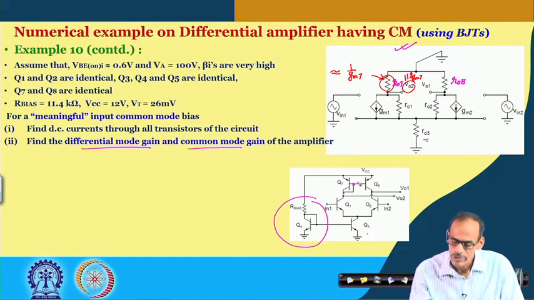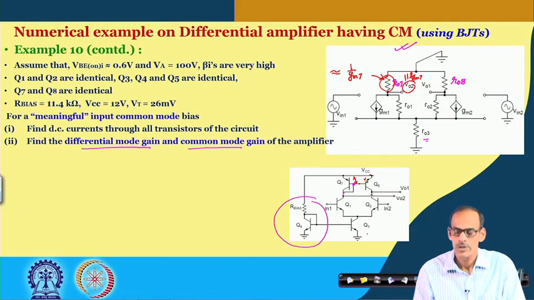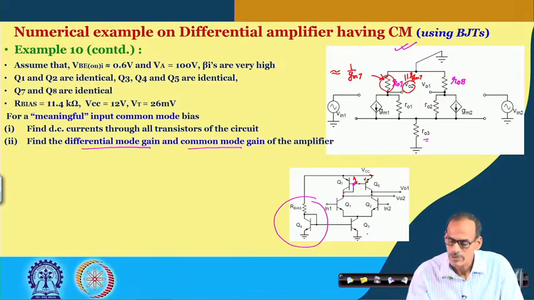So, whatever voltage it is producing here also decides the VB voltage of transistor 8.